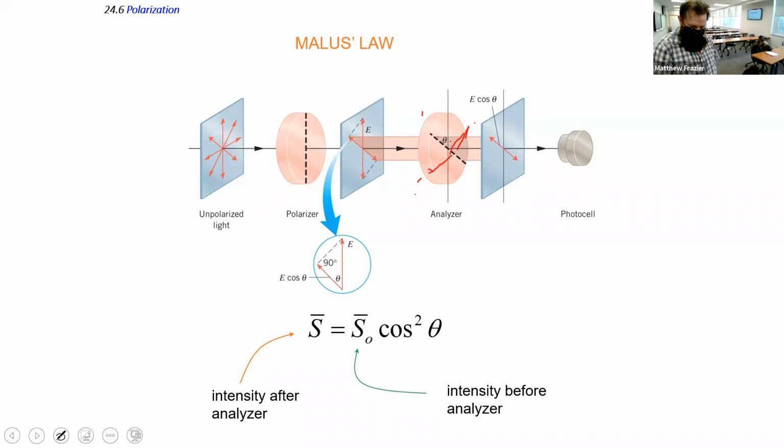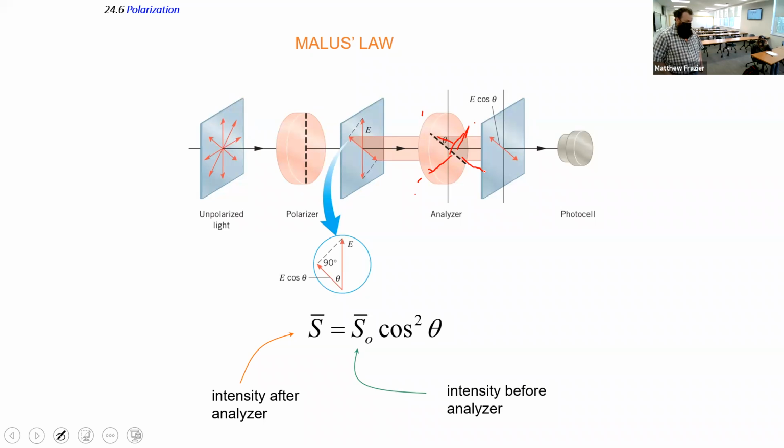All right. Those are our two directions. And so there's an angle in here. And what we're doing is picking out the cosine component relative to that angle between the analyzer and the electric field. Right? You don't have to think about the angle necessarily. You just have to realize that you're going to find the angle between the electric field and the material, and then use cosine squared of it.